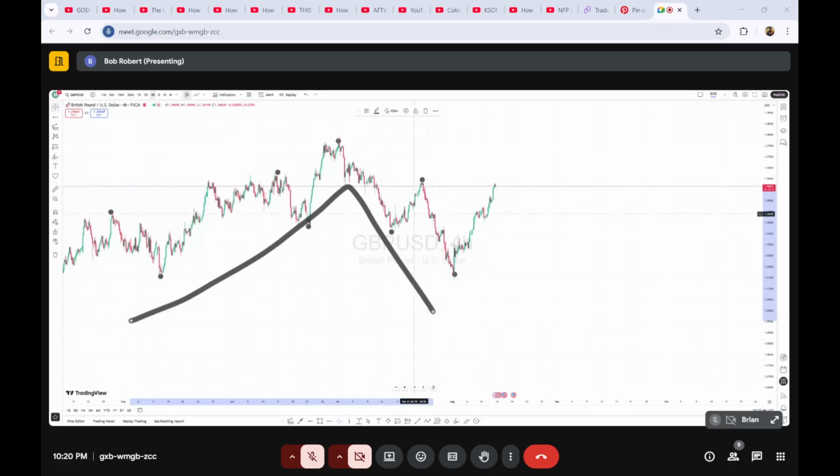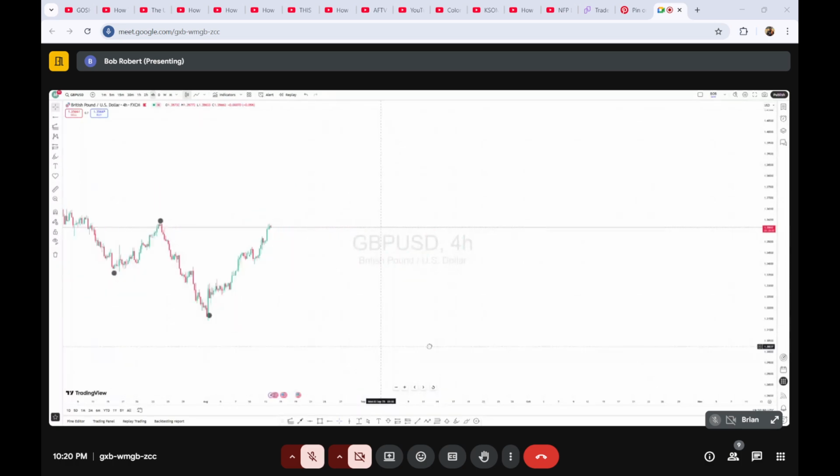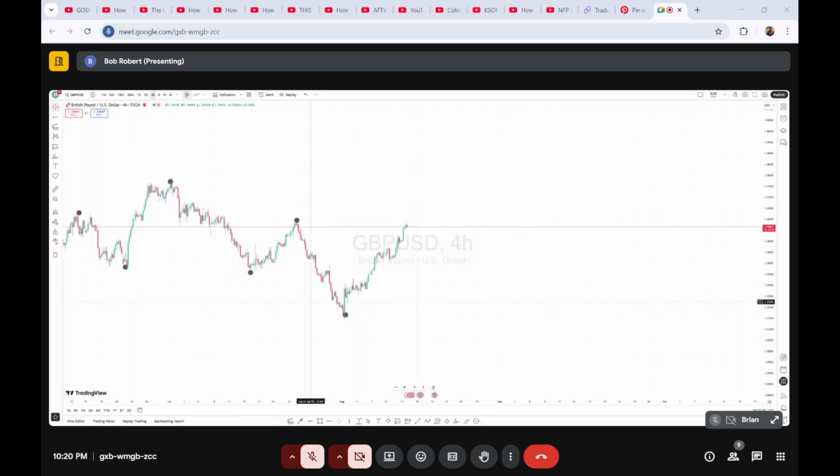Remember that now the focus has shifted to this zone, to here. This is the impulse, correction, and impulse. So we have been in a correction. These are corrections. So now we can label the swing structures. This becomes the swing strong.